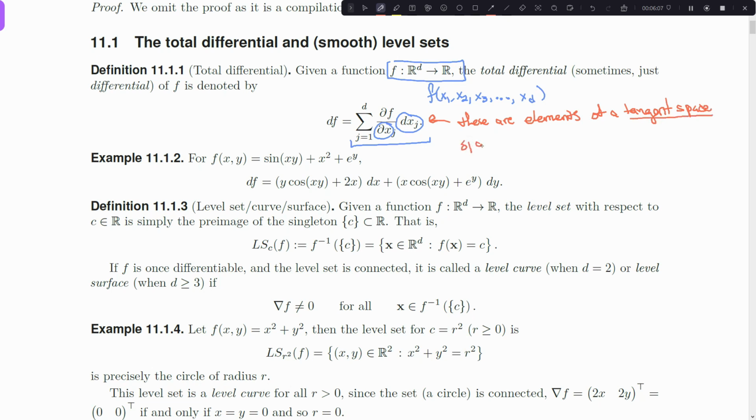The tangent space is spanned by the basis dx1, dx2, up to dxd. So you have these bases of differentials which span a tangent space, and the total differential is an element of that. So you can kind of see it looks like a linear combination of partial derivatives of f against the basis, which is dx1, dx2, and so on.